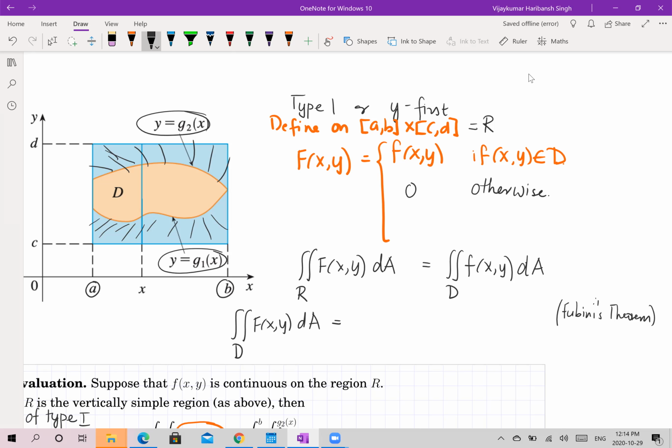So we'll iterate it first. We want to go y first. That's why we call it y first. Now the name should be clear. We want to go y first because y is changing between g1 and g2. So we'll go from C to D, and then A to B, f of x, y.